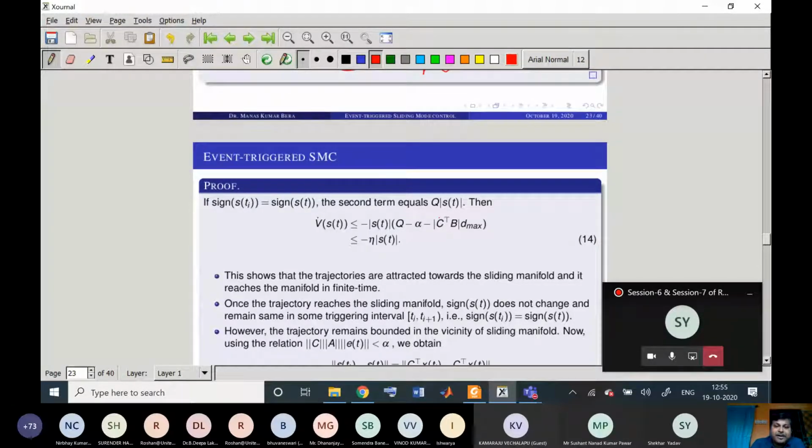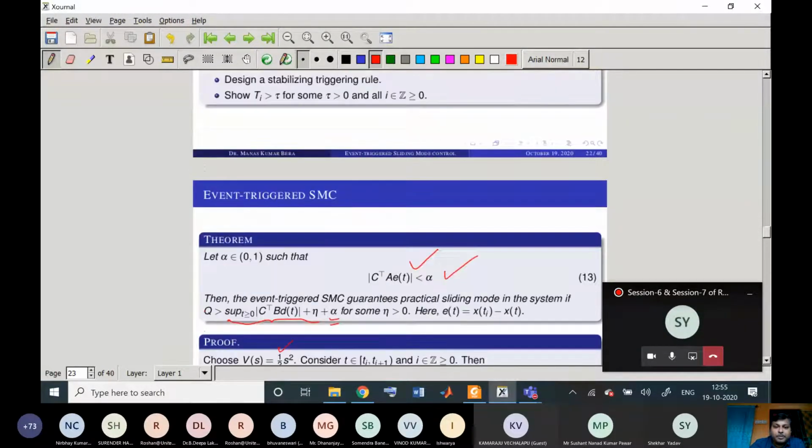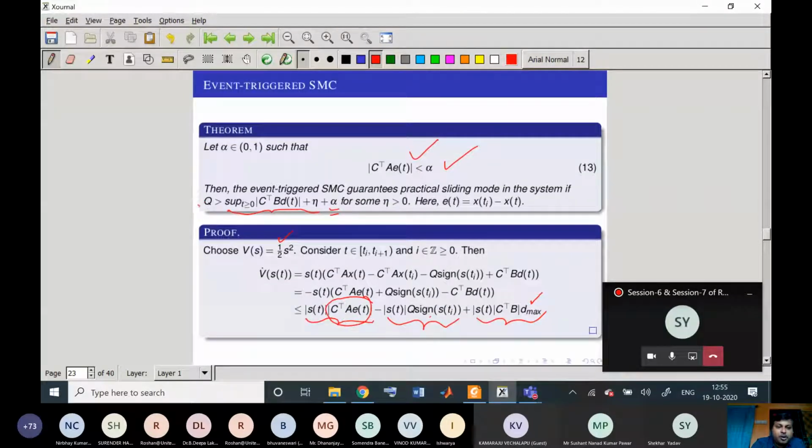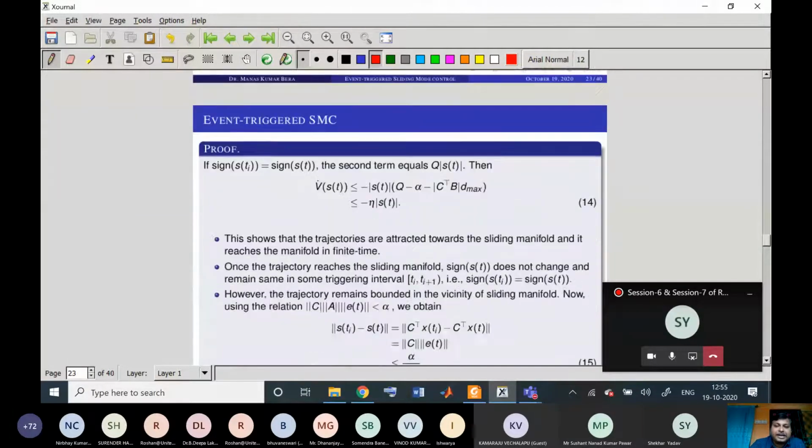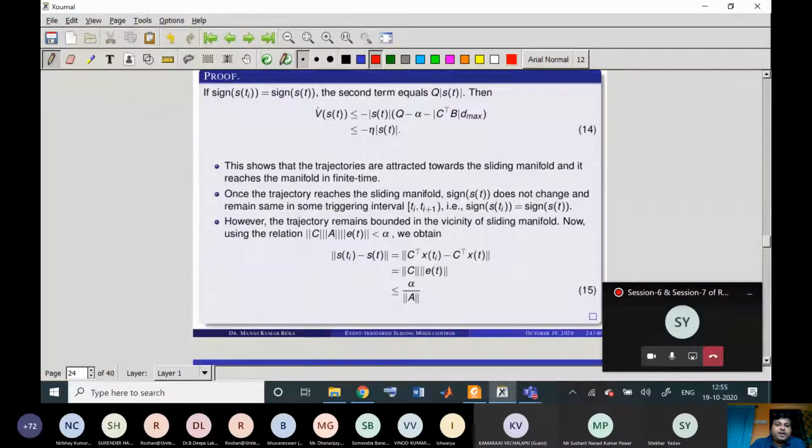Using that fact, it can easily be shown that if you choose the control gain Q as mentioned here, the event triggered SMC sliding motion can be guaranteed, and the steady state bound of the sliding trajectory is alpha by norm of A.